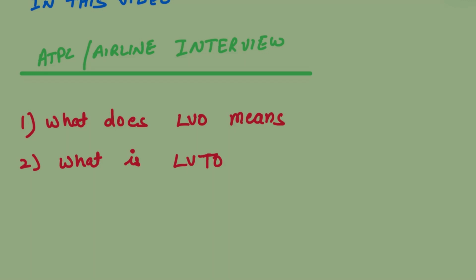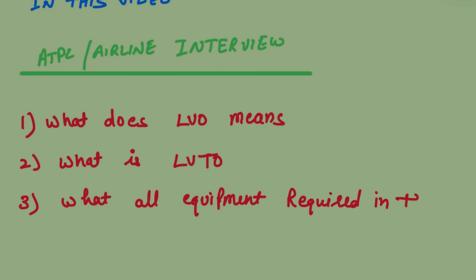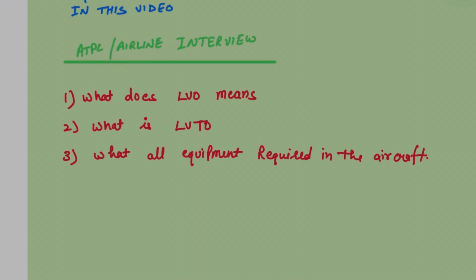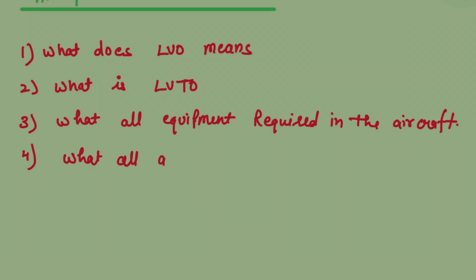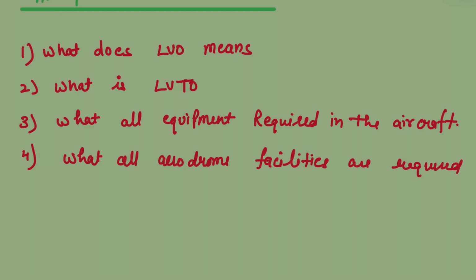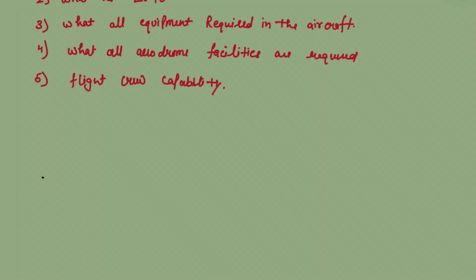And what equipment is required in the aircraft to do a low visibility takeoff or landing? What aerodrome facilities are required to do low visibility operations? Then what are the flight crew capabilities to perform low visibility takeoffs and landings, right?